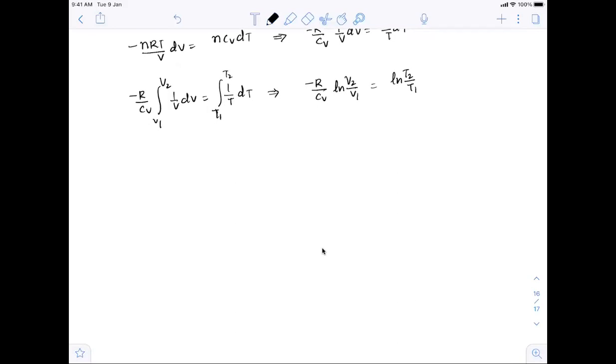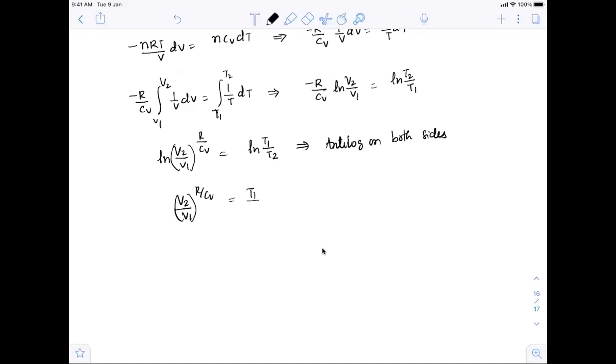So from here, I can write ln V2 by V1 whole raised to power R by Cv is equal to, taking this minus sign to the other side, ln T1 by T2. That minus will turn T2 by T1 into T1 by T2. If I take anti-logs on both sides, what do I get? V2 by V1 whole raised to power R by Cv is equal to T1 by T2.